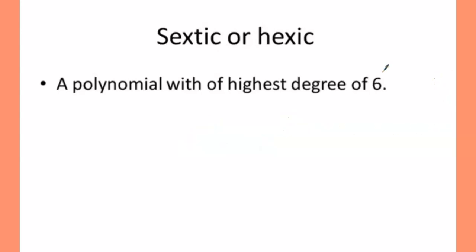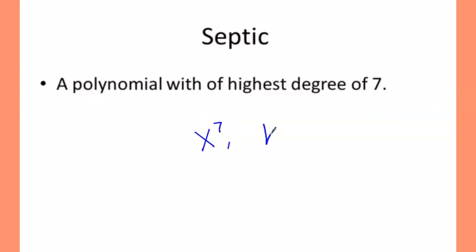Septic or the hexic is the one with the highest degree of 6. The septic is the polynomial of the highest degree 7. So if we have 7, then this will be called the septic, because the highest is 7.